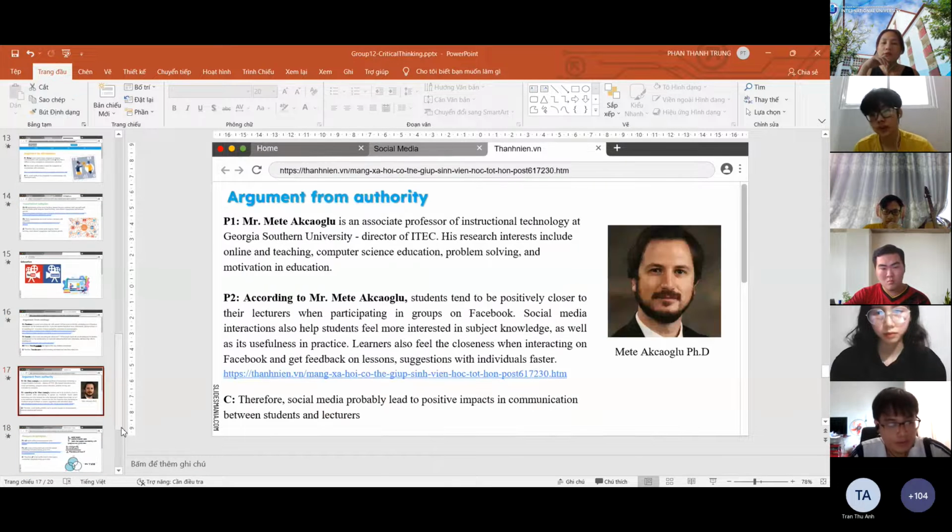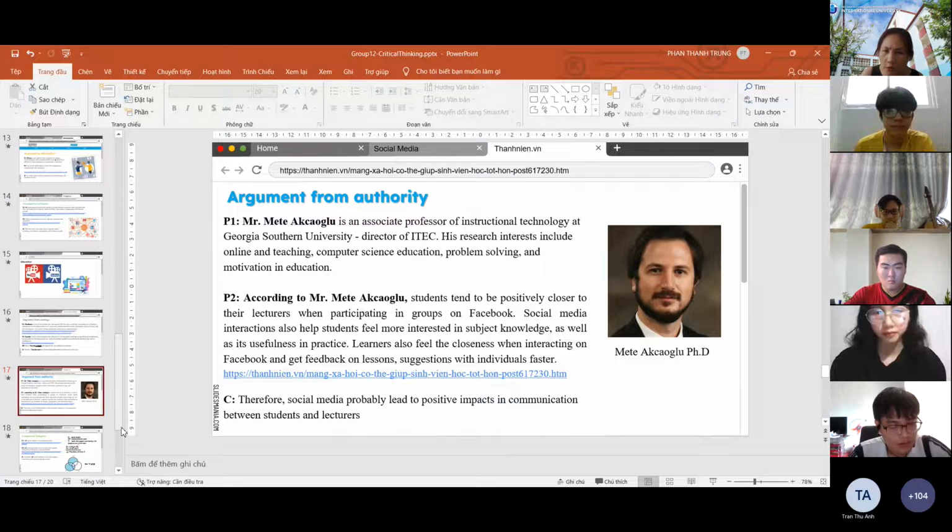Here we could see this is a reliable authority. However, the information is only on Facebook, and you can only make a conclusion on Facebook, but then you make a conclusion for social media in general. That is a similar mistake.